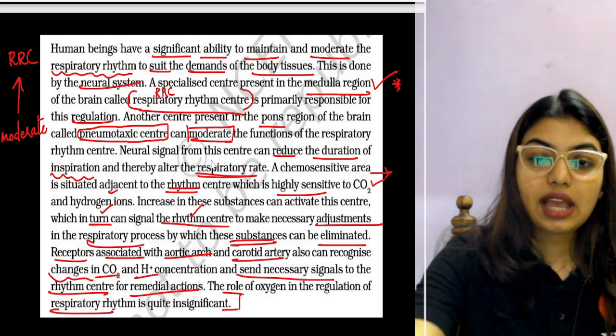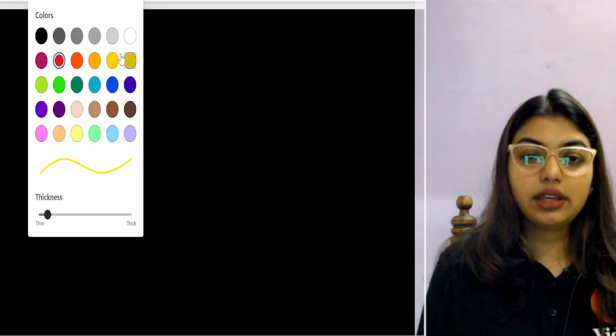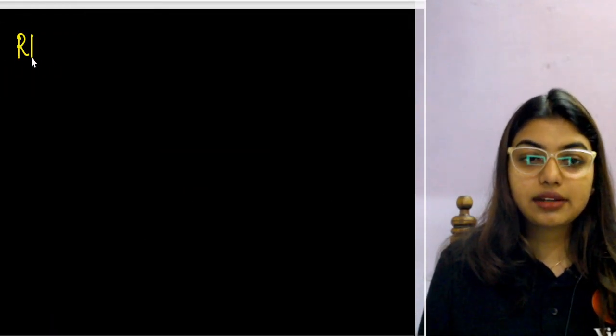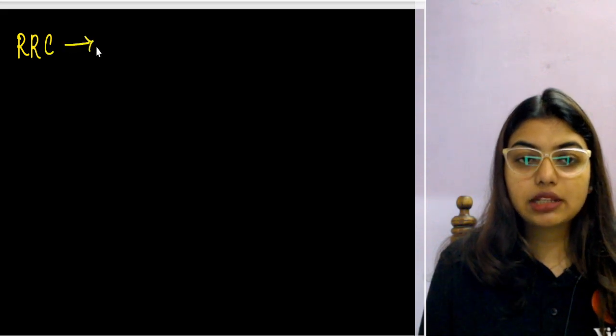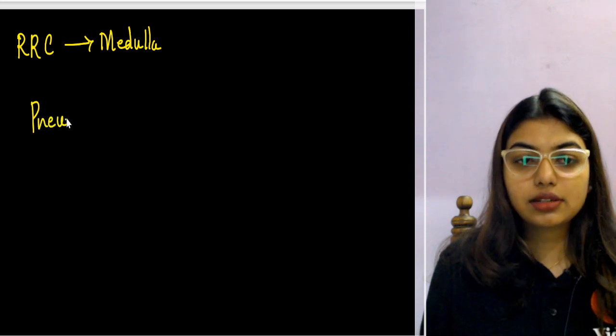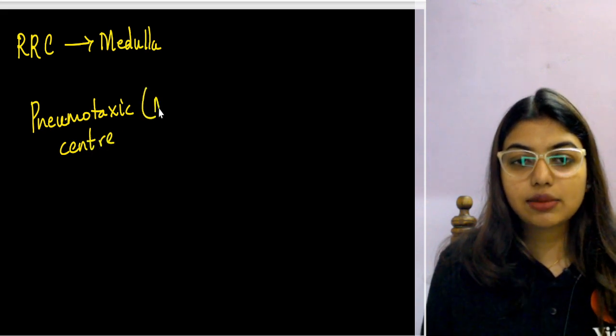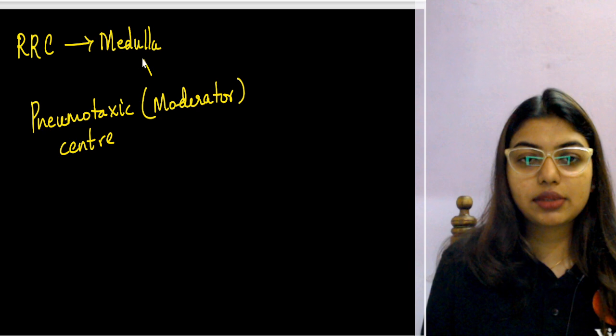So students, we have the RRC, the respiratory rhythm center, which is present in the medulla. We have the pneumotactic center, which will act as a moderator to help this fellow.